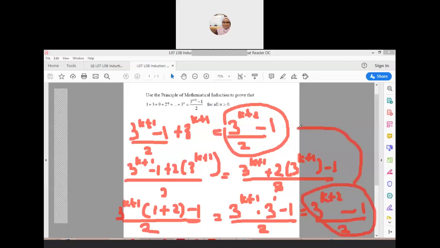Sama dengan yang ni. Okey, so bagi yang tak faham, kenapa yang ni saya boleh faktorkan keluar jadi yang tu? Sebab yang ni 3k tambah 1 bila saya faktorkan keluar, ni sama juga konsepnya macam kita ada x tambah 2x.